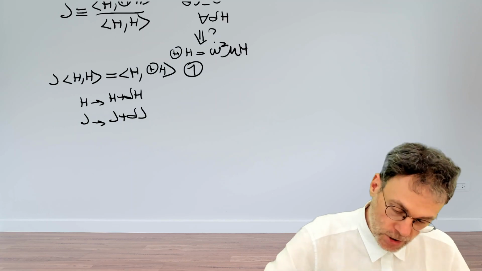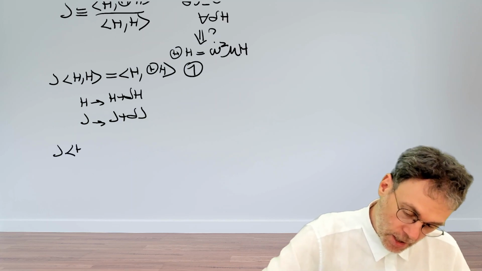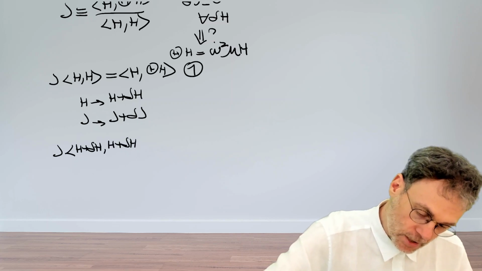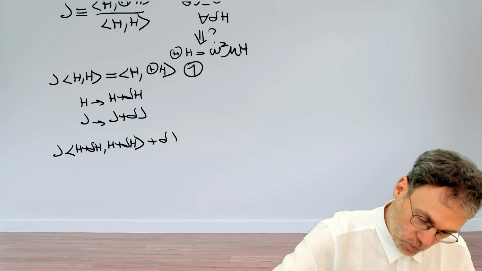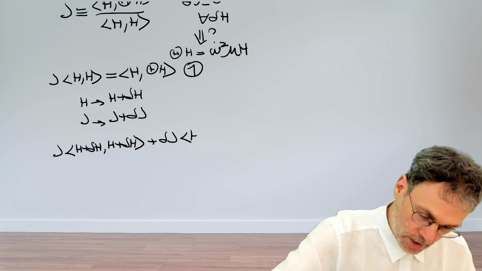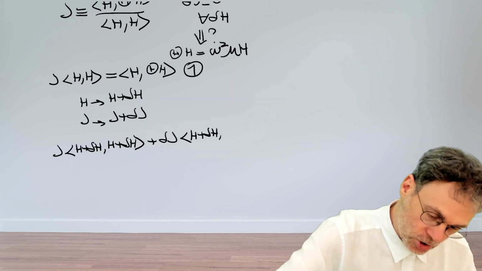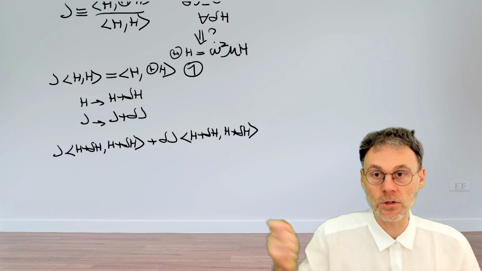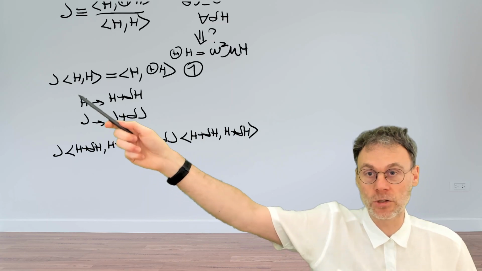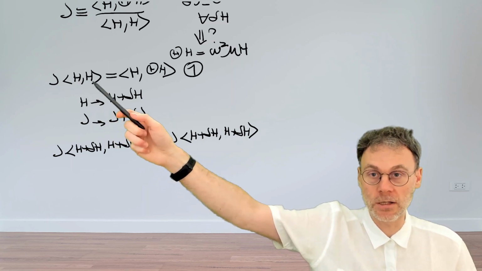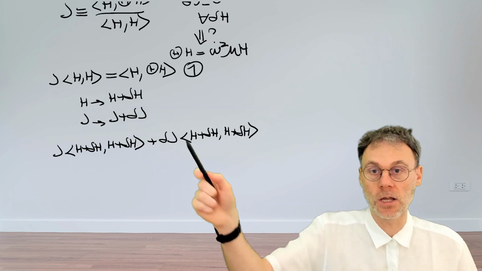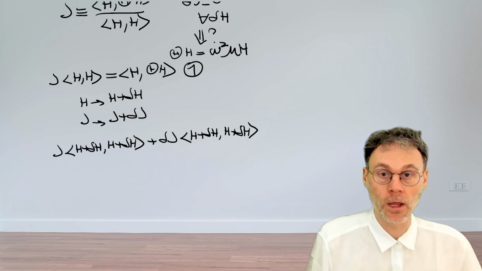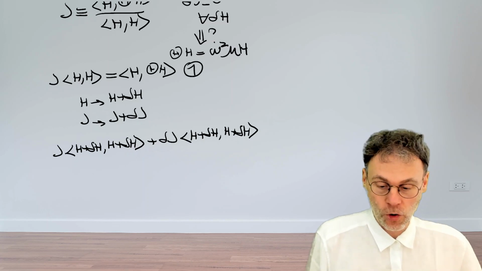This will give us j and then h plus delta h, and then we have the delta j contribution, h plus delta h. Okay, so this is what we get in the first term when we replace j by j plus delta j, h by h plus delta h, and then expand this first factor.